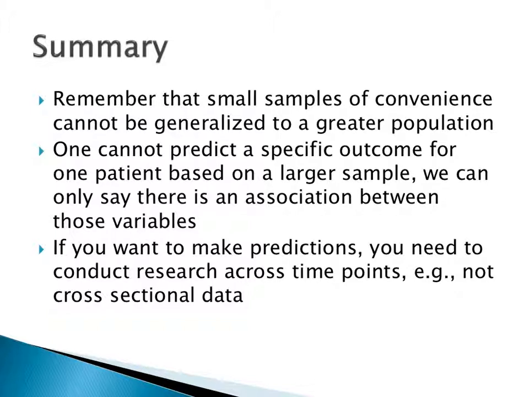Remember that you cannot predict a specific outcome for one patient based on a larger sample, no matter how big your sample is. So I never want to hear anybody say that if you do this, thus and such will happen, because all we can really say is that there's an association between those variables.